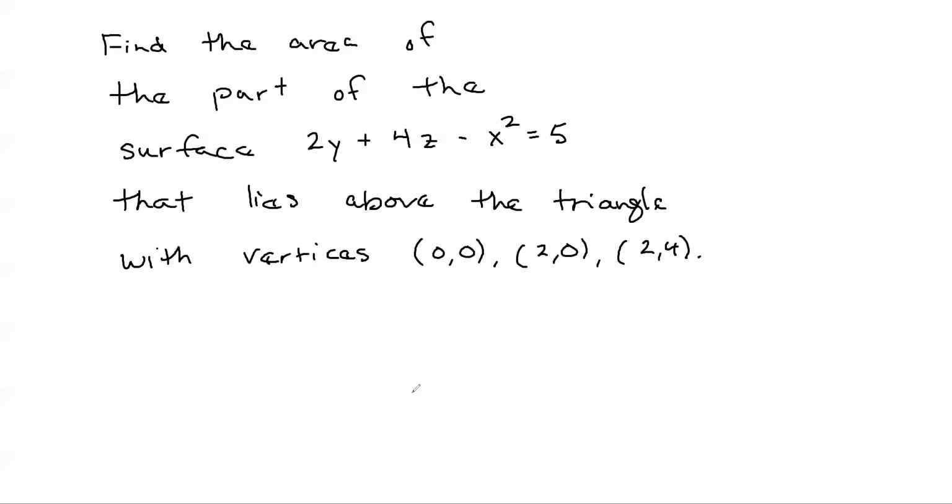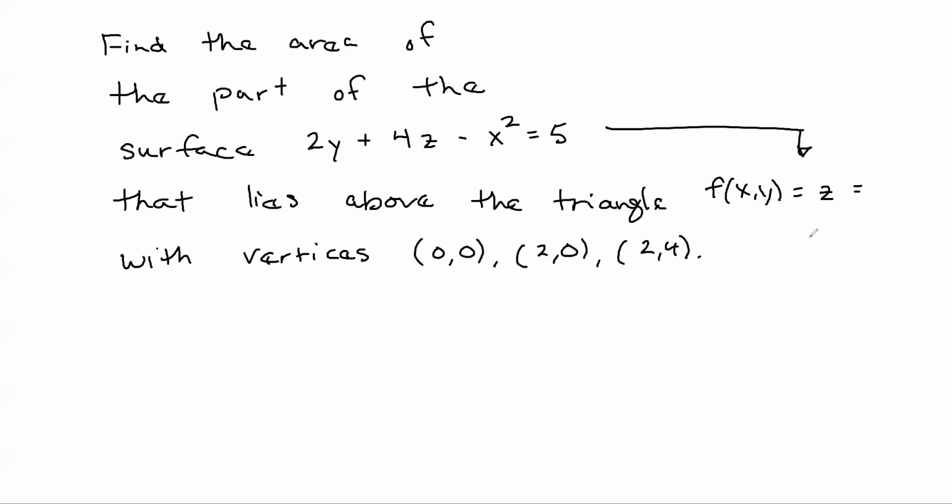All right, so the first thing that you should do, go through and solve for z to get your f of xy. So f of xy equals z equals, all right, so to get that, we're going to swing these two over to the other side.